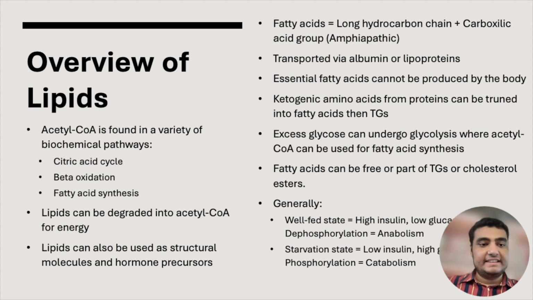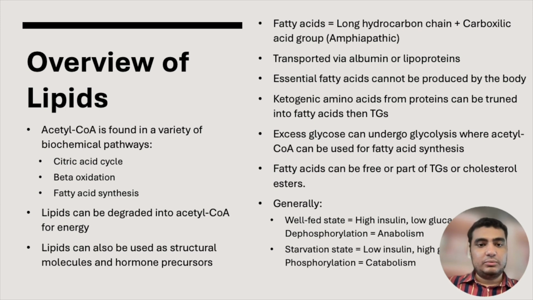Of course, we have cholesterol, which is considered a lipid as well, and it's very important for membrane fluidity, among other functions, including forming hormones like the sex hormones and androgens. And the main key element in a lot of lipids, particularly fatty lipids, is acetyl-CoA. And acetyl-CoA is used in a variety of functions, which we'll be discussing.